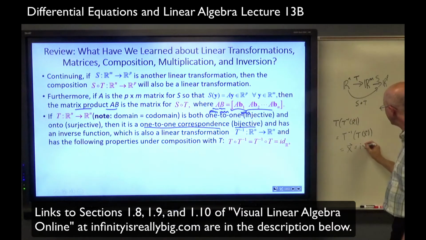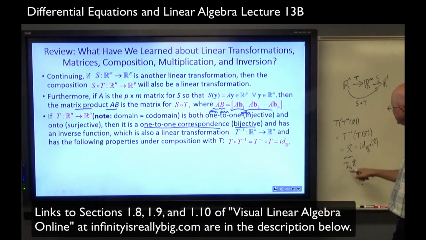And the identity function on Rn just maps every vector to itself. It's actually a linear transformation. This is the same as the identity matrix times x.